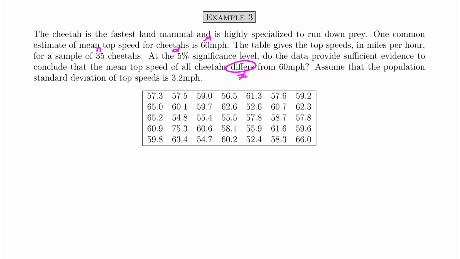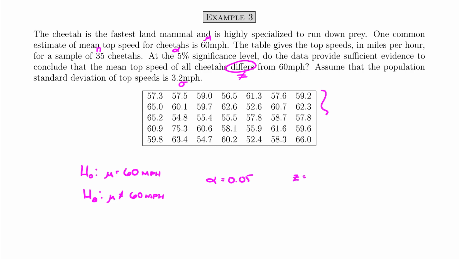So when it differs, we're saying not equal to, and we have a sigma of 3.2. Our null hypothesis is that mu is equal to 60 miles per hour. Our alternative hypothesis is that mu is not equal to 60 miles per hour. And our significance level is 0.05. There's our alpha. And then we compute z.